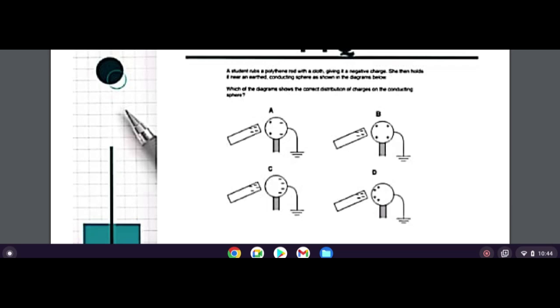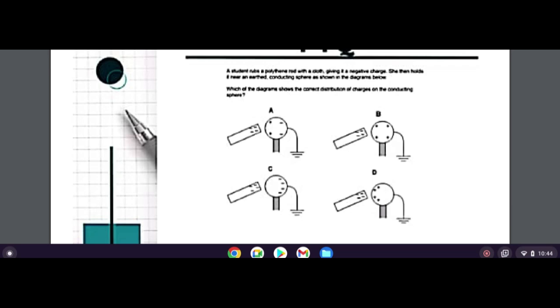So the question is, a student rubs a polythene rod with a cloth, giving it a negative charge. She then holds it near an earthed conducting sphere as shown in the diagram below. Which of the following shows the correct distribution of charges on the conducting sphere?